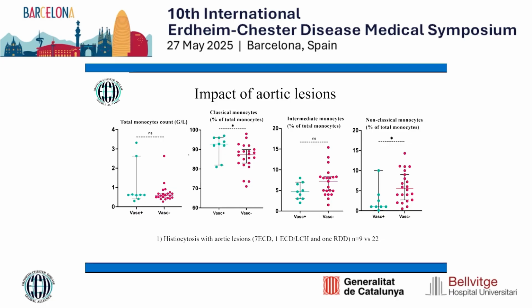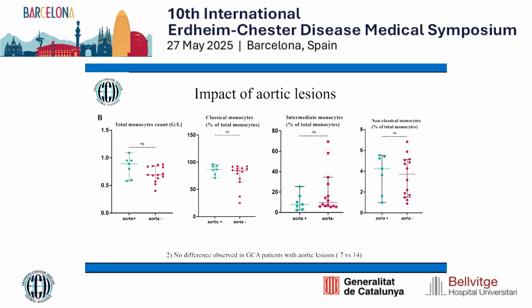And if you look at the difference, there is an increase in the classical monocyte, but the most important is the decrease of the non-classical monocyte. And as I said, the non-classical monocytes are implicated in the endothelial surveillance, so maybe there is a recruitment of the circulating monocyte on the aortic site, and that's why maybe there is a decrease in the blood.